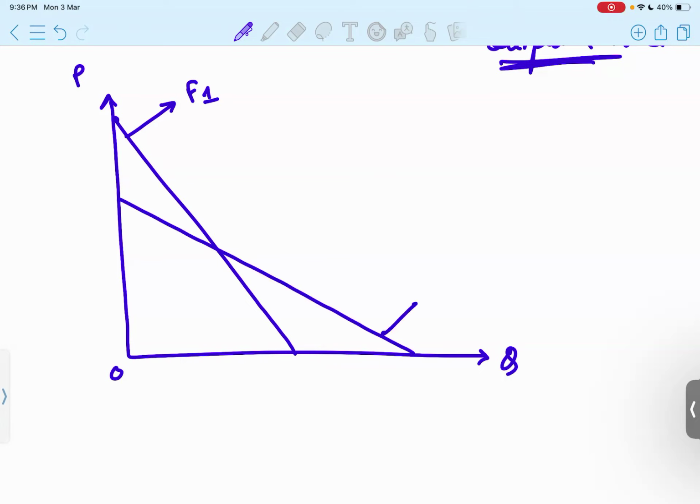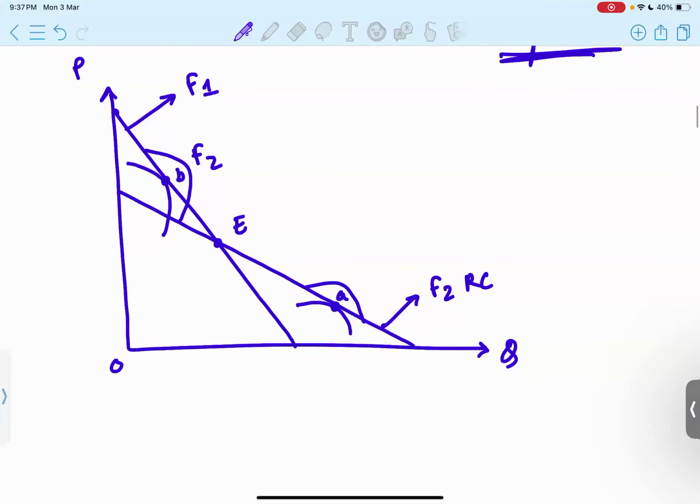So this is firm 2's reaction curve. They intersect at the equilibrium, which is E. Now we have the isoprofit curves. So this is point B. These are the isoprofit curves of firm 2. And on the reaction curve of firm 2, we will have the isoprofit curves of firm 1. So this is point A.